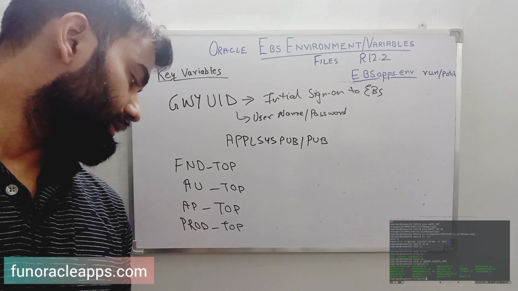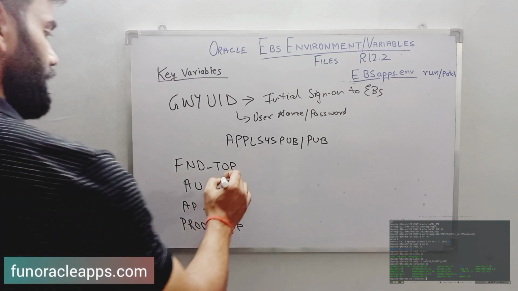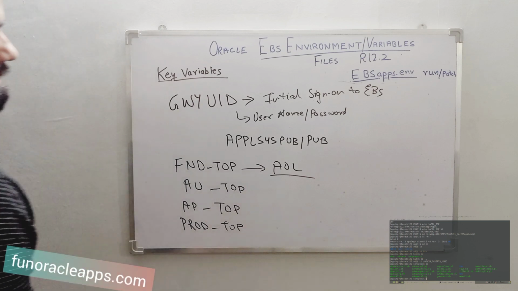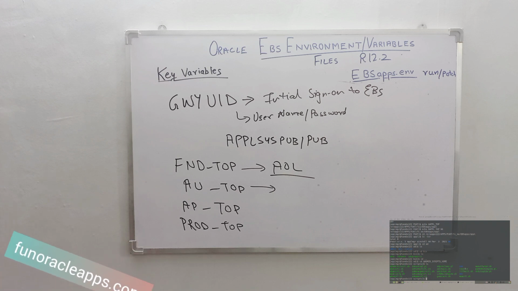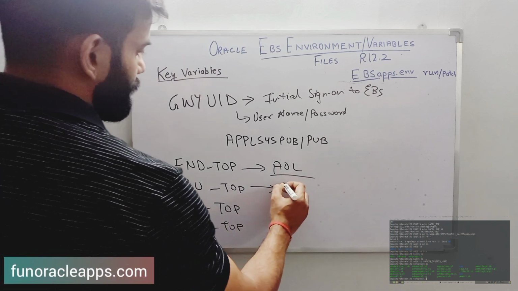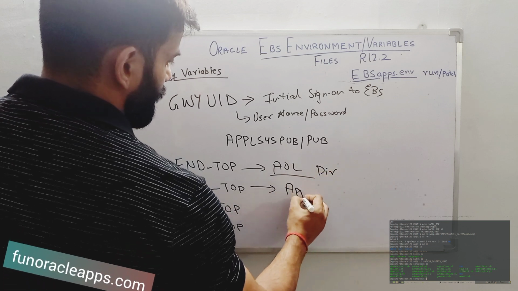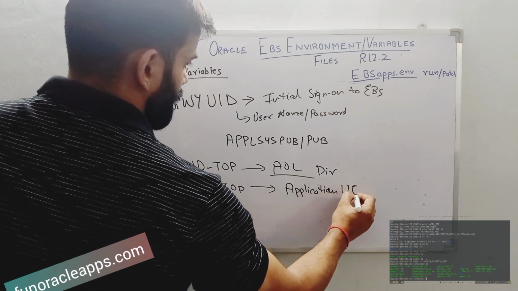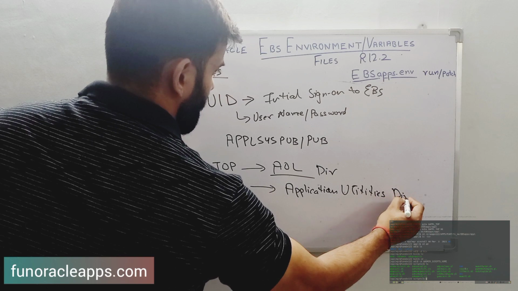That product location will take you to the path where your Application Object Library specific code and modules are. Then AU_TOP, all the application related utilities. What are the application related utilities? The AU directory is there, so it will take you to that directory, the application utilities directory.